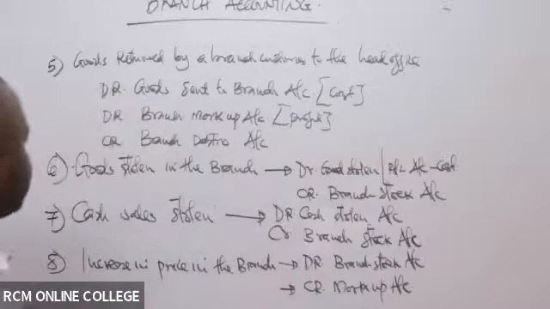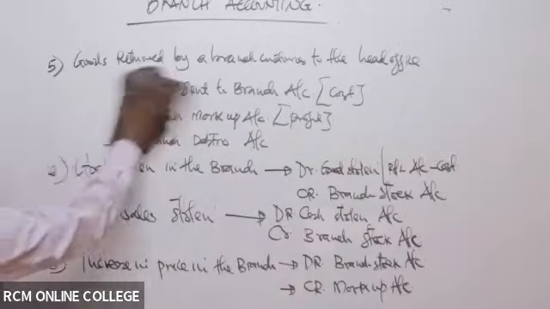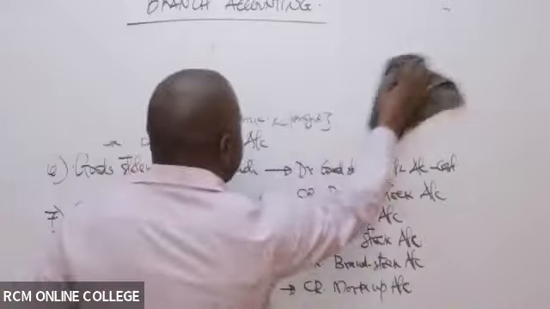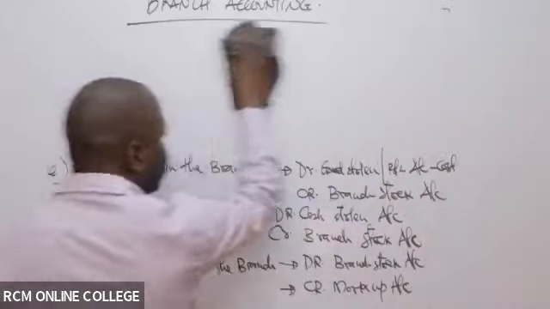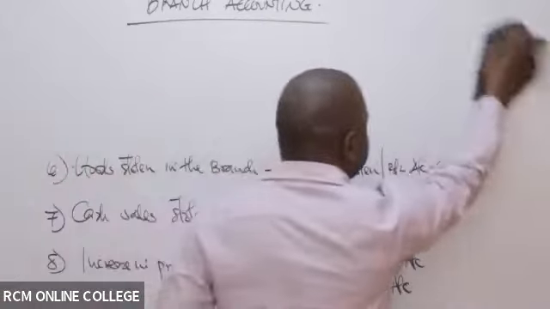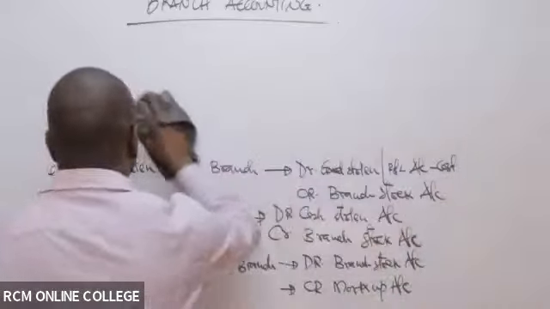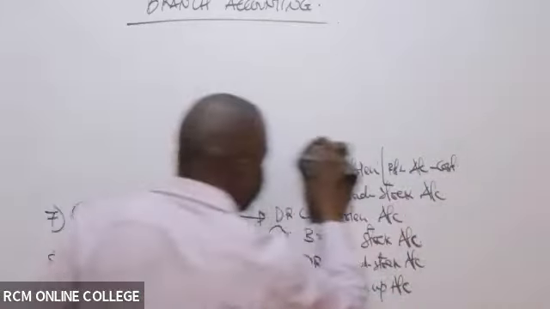For example, if there's a transfer of goods from branch A to branch B, there'll be the receiving branch and the branch that is sending the goods.